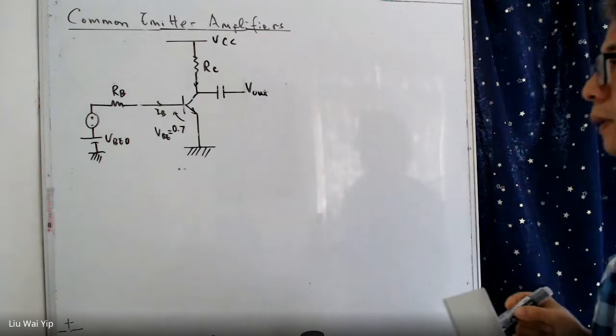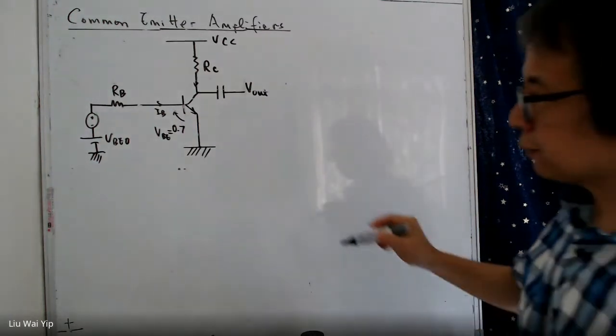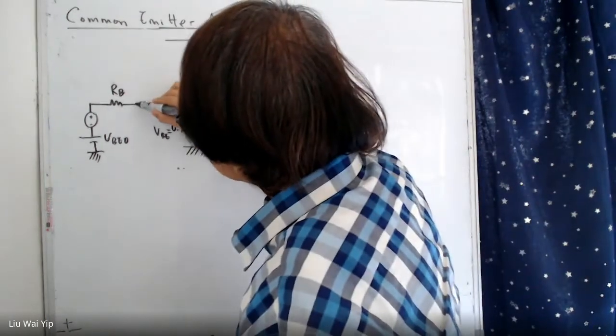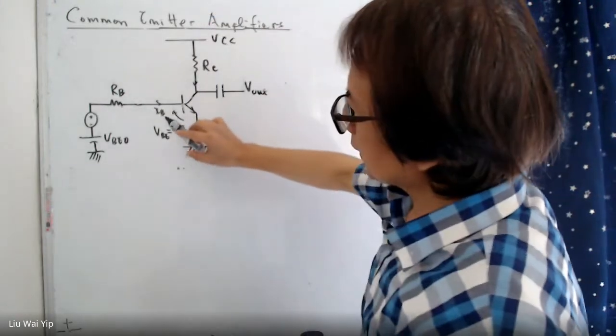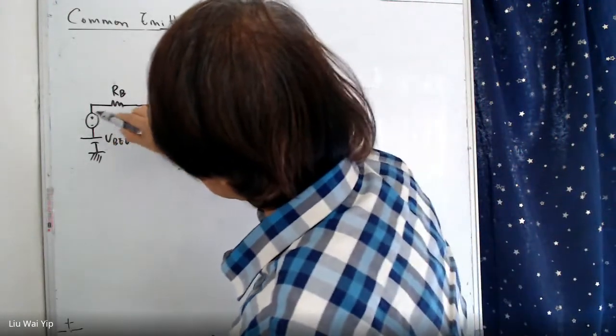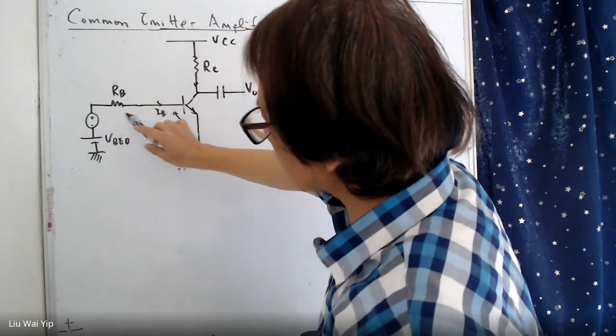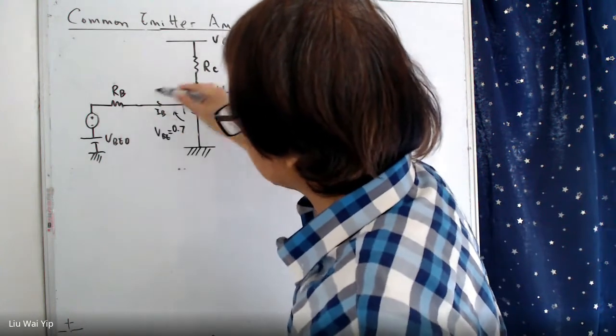So you have IB calculated properly. By using Kirchhoff's voltage law, you can calculate IB.